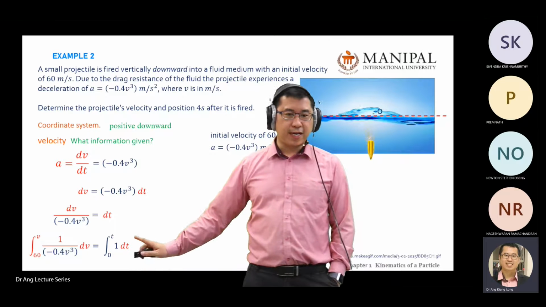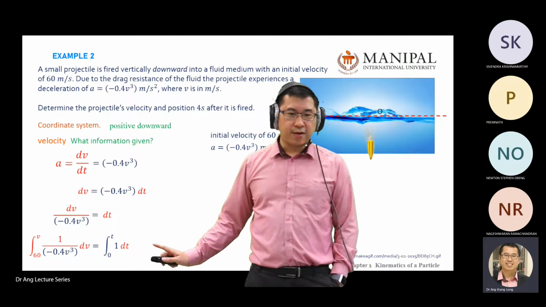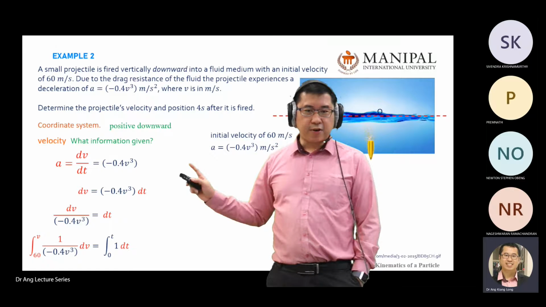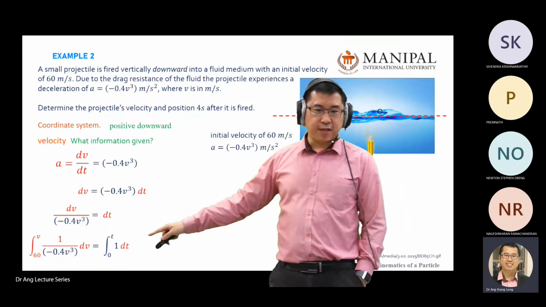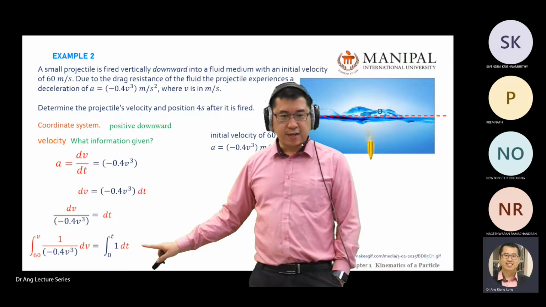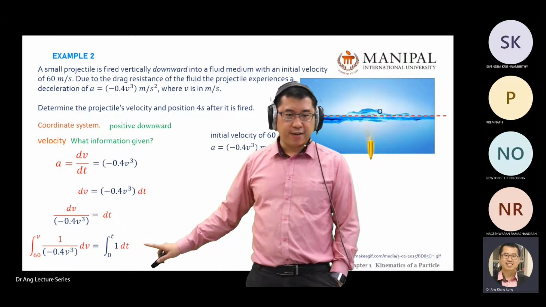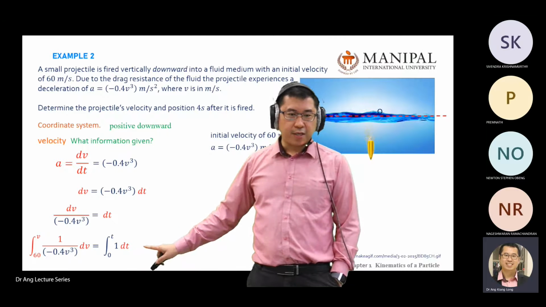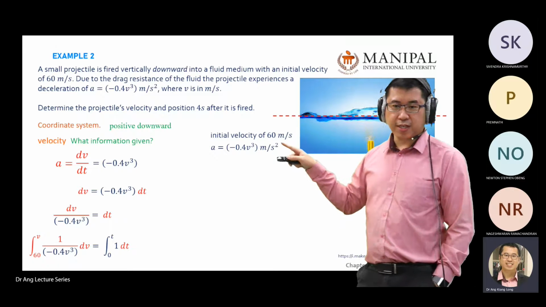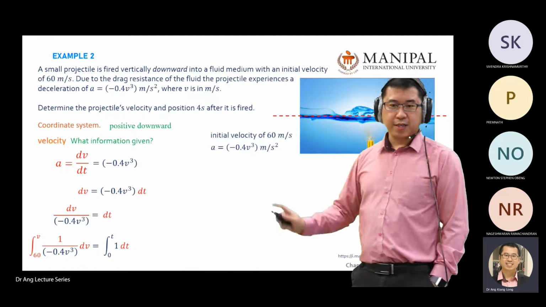Integrate one side, then integrate the right hand side. On the left hand side, for v, you start from the initial value. Again, be careful. On the far left of the equation, we start from 60 to v, because the initial velocity is given as 60.